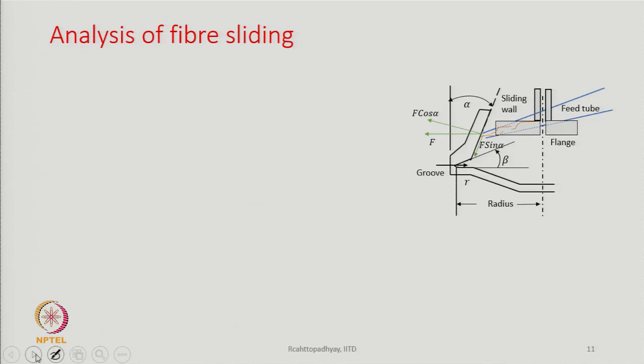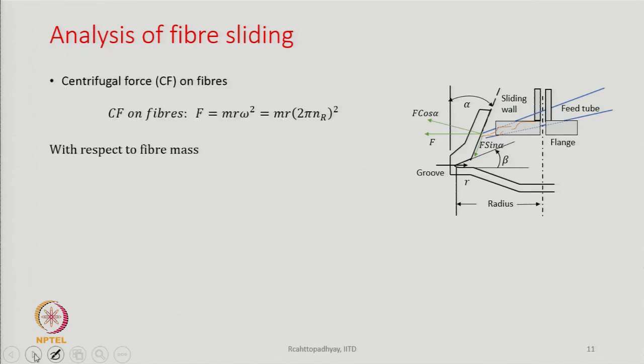Now, analysis of fiber sliding. As I said, the fibers are going down because of centrifugal force, and how much is the centrifugal force? We all know basic physics. Centrifugal force is m r omega square. So, omega is how much? 2 pi nr. nr is the speed of the rotor.